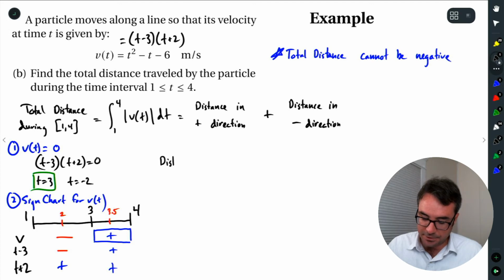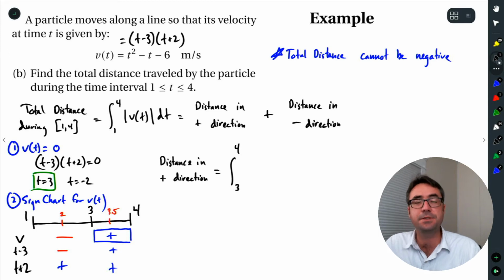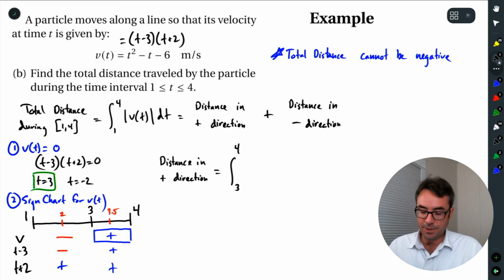So if we wanted to calculate the distance in the positive direction here, the way we would do it is we're going to integrate over that time interval from 3 to 4. So we know we're traveling in that positive direction from 3 to 4, so that's what we're going to integrate from 3 to 4. Now we also know that the velocity is positive on this time interval.